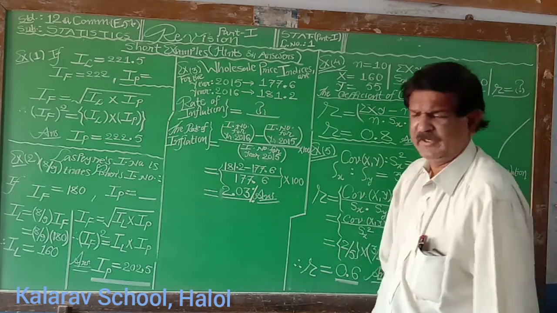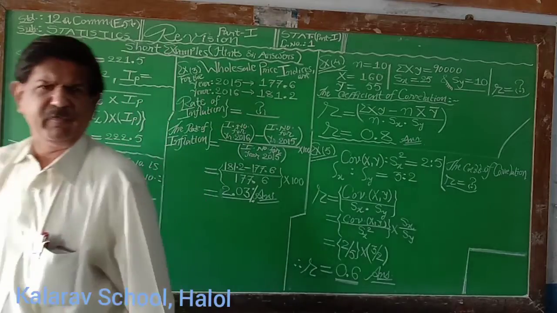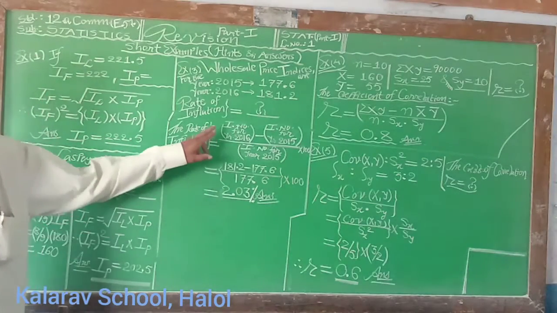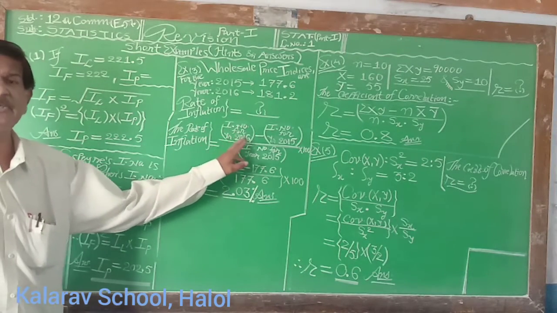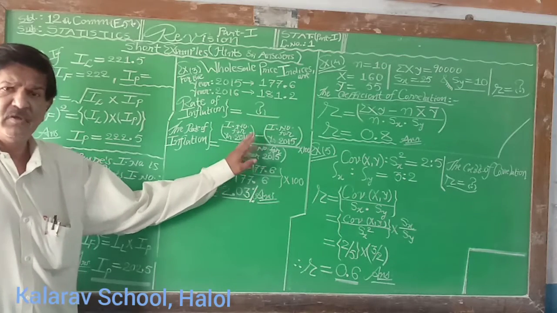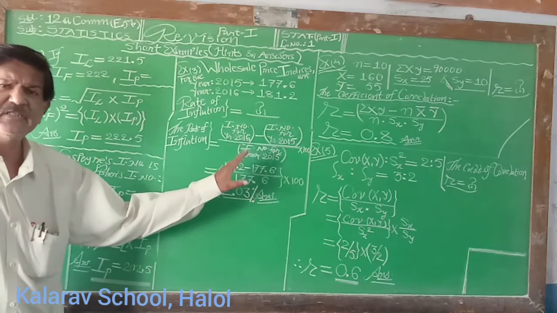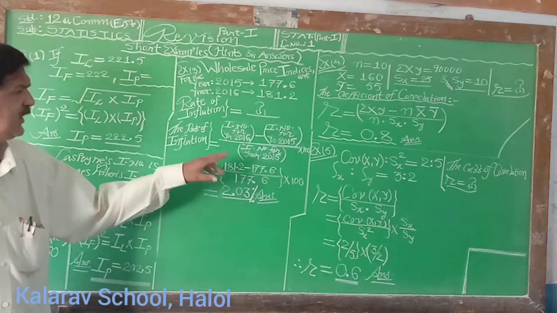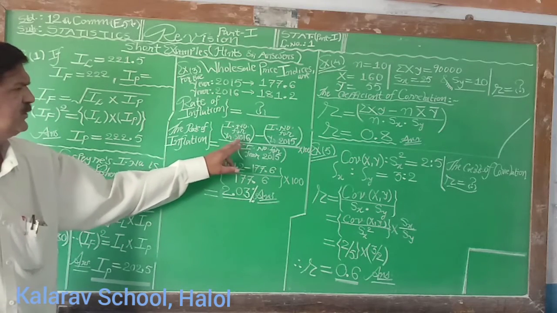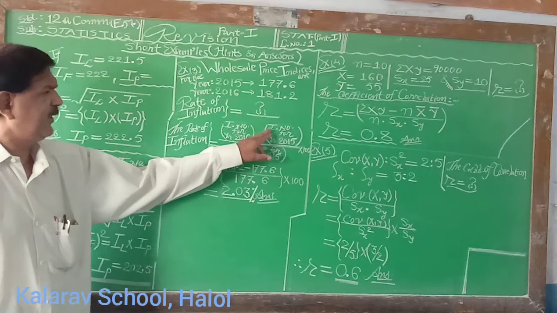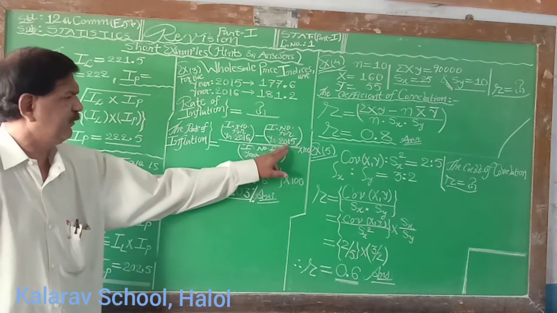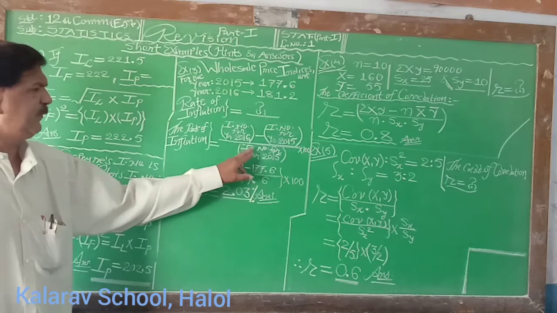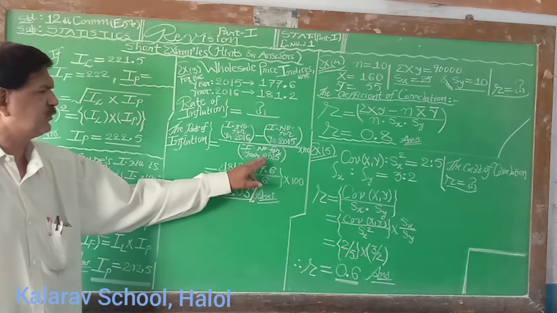Now, wholesale price indices for the year 2015 is 177.6 and for 2016 181.2. Calculate the rate of inflation. The formula for the rate of inflation is index number for the current year minus index number of the previous year. Remember, these indices are wholesale price indices, not retail. Wholesale price index for the current year means 2016 minus wholesale price index for the previous year means 2015, upon wholesale price index of the previous year 2015.